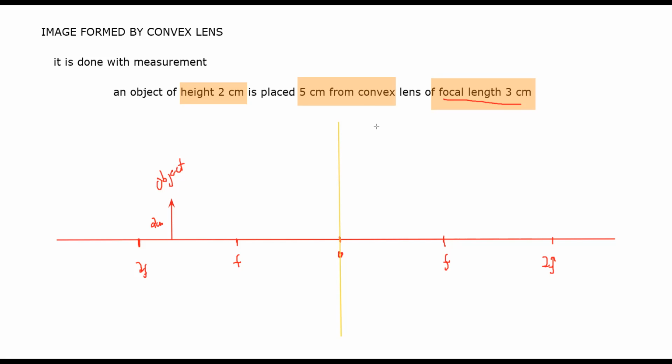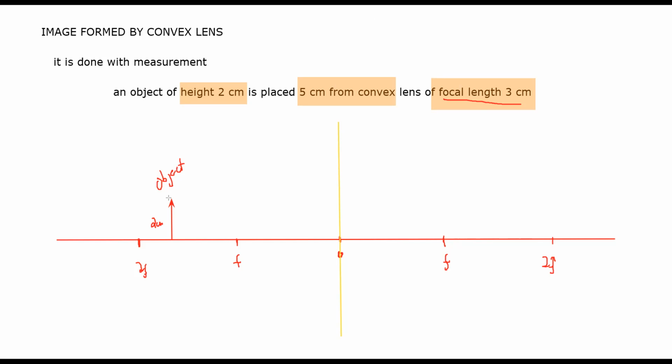Now, how to draw an image? First thing, from the top of the object, from the tip of the object, draw the light rays. There are 3 ways I can consider a light ray: parallel, or passing through the focus, or passing through the center.